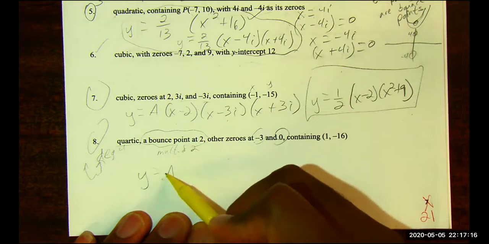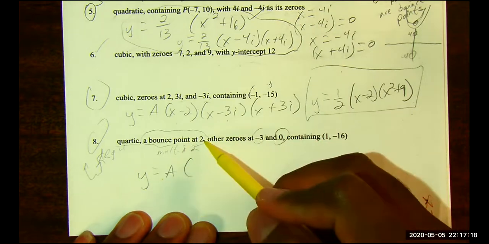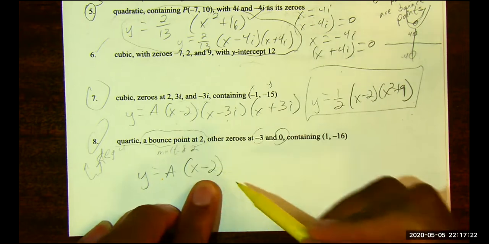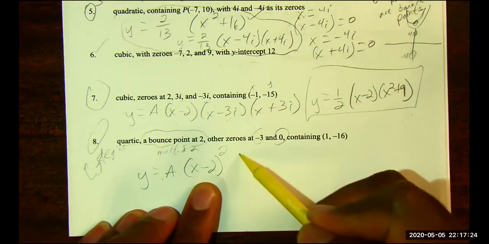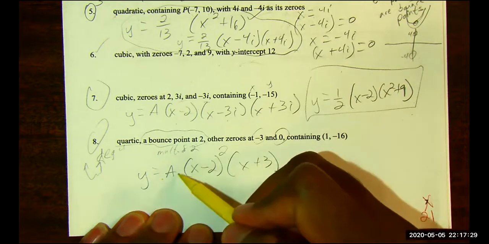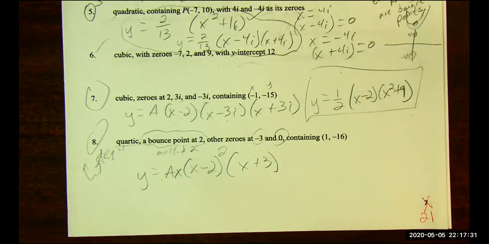Y equals a times, bounce point at 2, so it would have to be x minus 2 squared, x plus 3, and I'm just going to throw an x in front, because anytime your root is 0, I'm not writing x minus 0 or x plus 0. I'm just throwing an x in there.